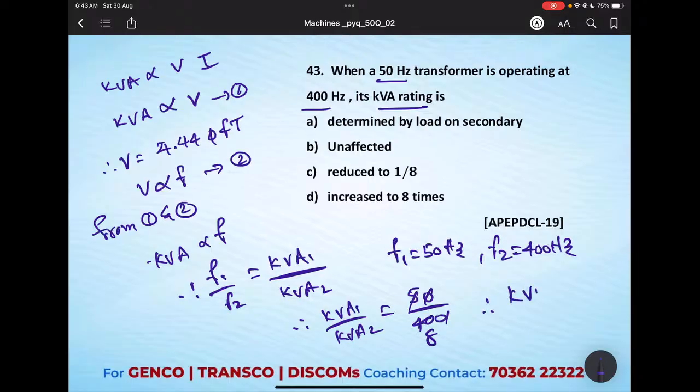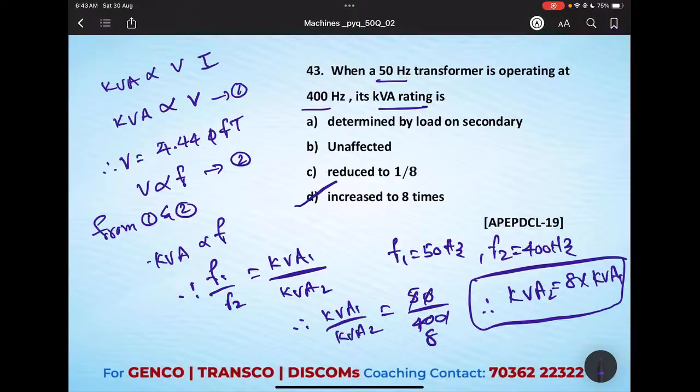Therefore kVA2 equals 8 times kVA1. That means kVA2 is going to be increased by 8 times the initial kVA. So our option will be increased to 8 times, option D. Is it clear? It is a very simple question. If you write down the equations from your basics, you can solve the question very easily. Let's move on to the next question.